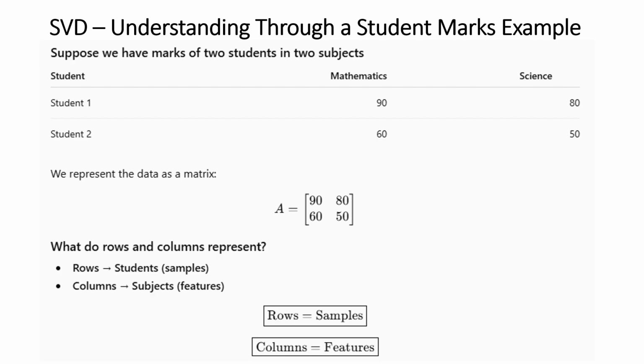So in a data matrix, we can generally think of rows as samples or observations and the columns as features or variables. In this example, students are our samples and mathematics and science are our features. This is how we normally represent data in data science as a matrix.